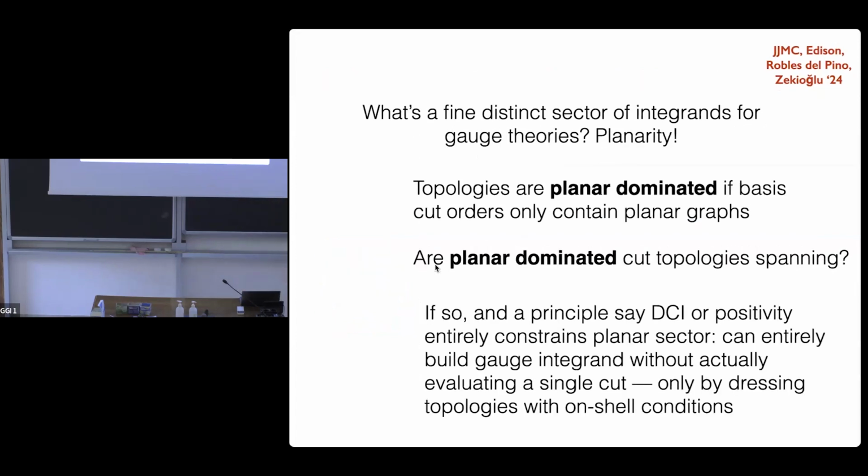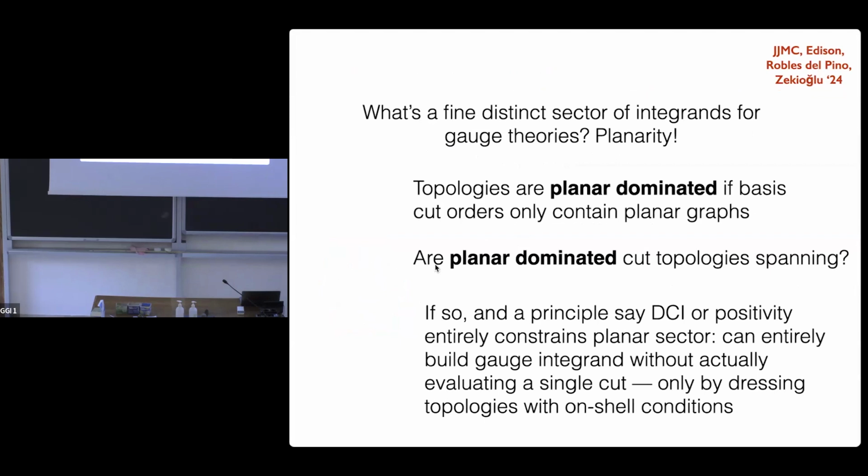So for the example I'm talking about today, the seeded data we're taking to be planar in N equals 4, right? And so topologies are planar dominated if the basis cut orders, the basis cuts, under the tree level relations contain only planar diagrams, right? But the different color orders are going to contain very non-planar diagrams, right?